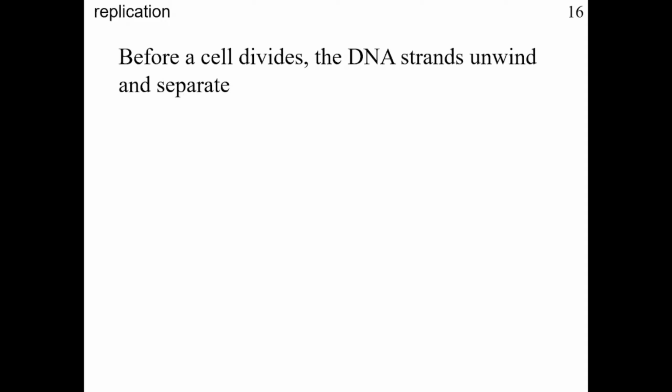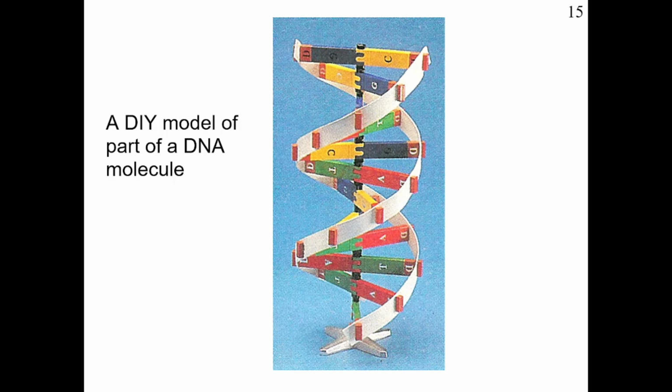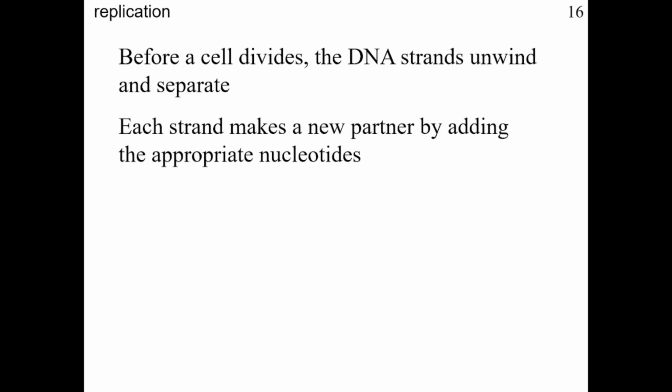Before a cell divides, the DNA strands unwind and separate. We are talking about replication here. Before a cell divides, DNA strands unwind and separate. First, this was coiled. Now first of all they unwind, they become straight like this one. And they get separated by some enzymes.